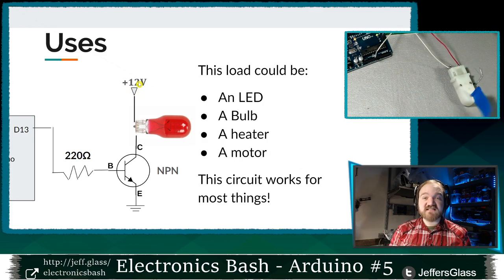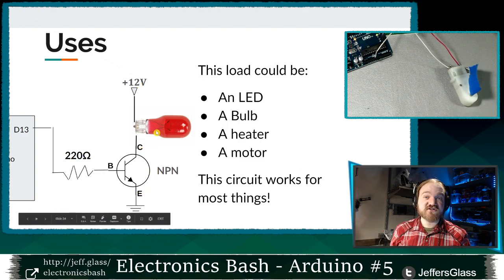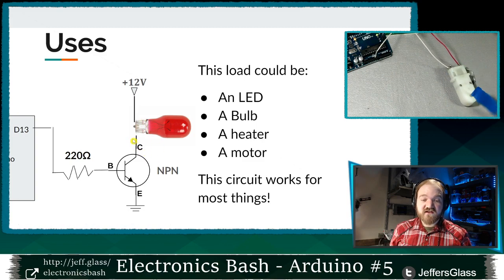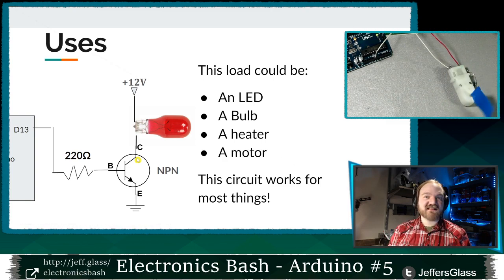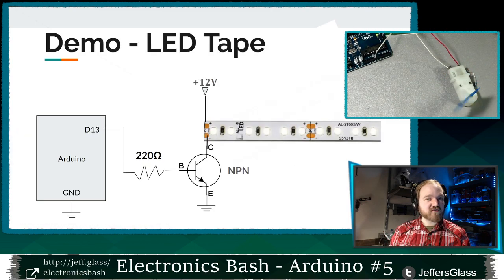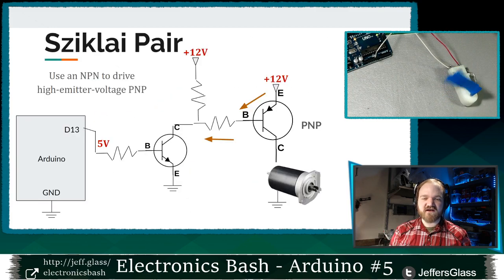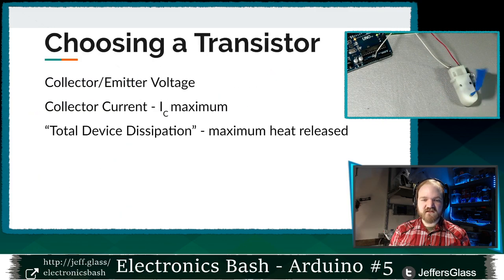So I needed a transistor whose maximum collector emitter voltage was at least 12 volts. Because when the transistor is turned off, there's going to be no conduction here. My collector is going to be basically sitting at 12 volts and my emitter will be at ground. So choose a maximum collector emitter voltage that's at least as high as your maximum working voltage and probably a generous amount of margin on top of that as well.